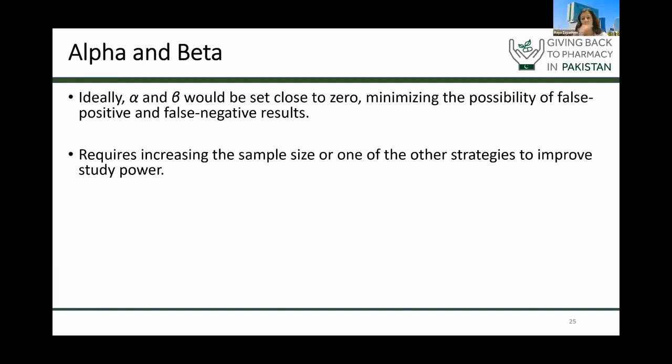If you set this at 99%, this might sound appealing because you will be correct 99% of the time, but this also means that you will be missing out on that conclusion because you set your chance to only 1%. So this increases your error rate on the other side.